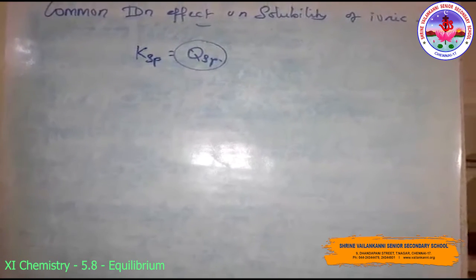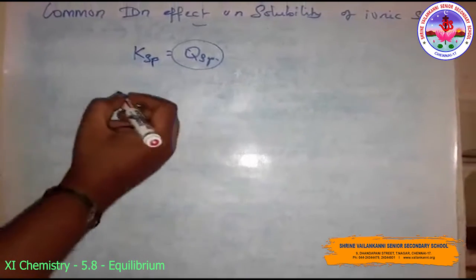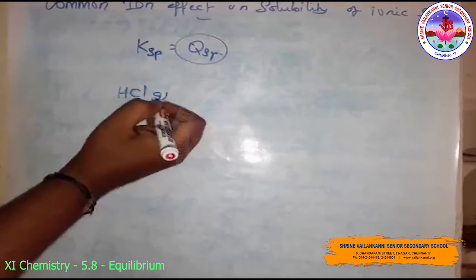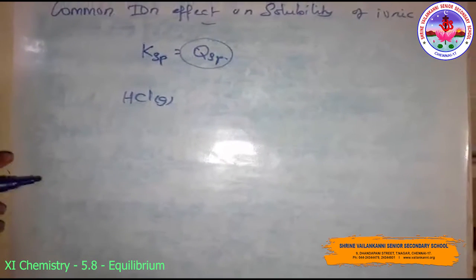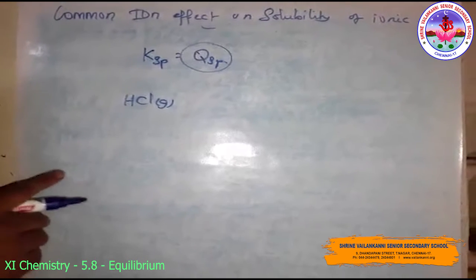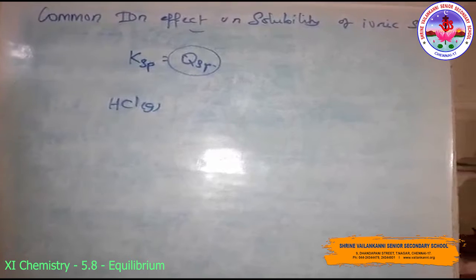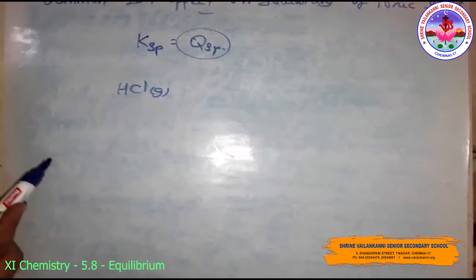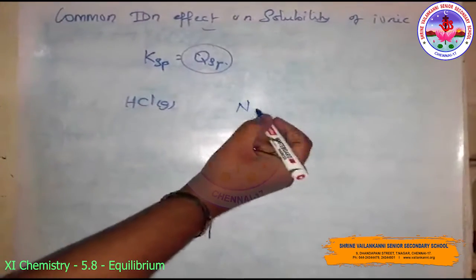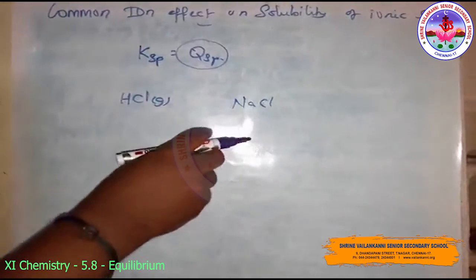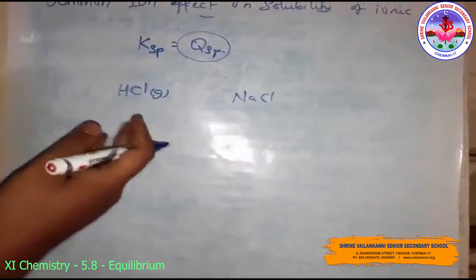Thus, if we take a saturated solution of sodium chloride and pass HCl gas through it, the sodium chloride is precipitated due to the increased concentration of chloride ion available from the dissociation of HCl. The sodium chloride thus obtained is of very high purity, and we can get rid of impurities like sodium and magnesium sulphate like this.